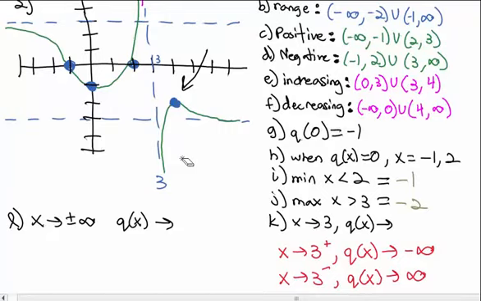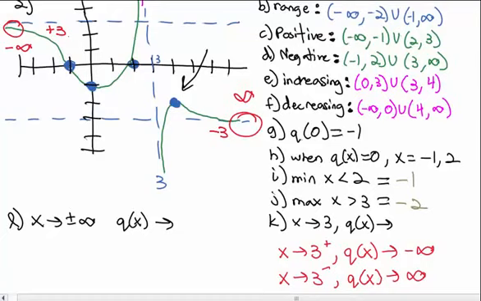Okay, as x goes to positive and negative infinity, again I want to notice at positive infinity, the graph is down here. The graph is at negative 3. At negative infinity, over on the left, we're up here at positive 3. So again, we're going two different places.